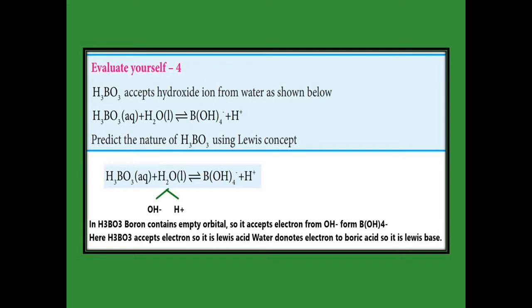OH minus contains an extra electron pair. That is attracted by the boron, so H3BO3 changes to B(OH)4 minus. Now H3BO3 is an acid, and the water gives the electrons to H3BO3, so the water is a Lewis base here.